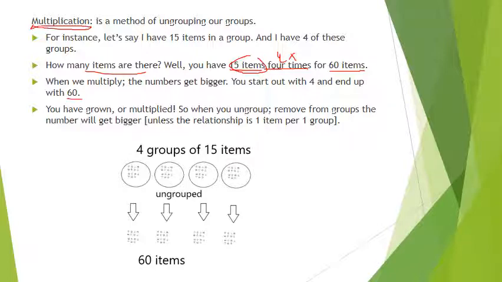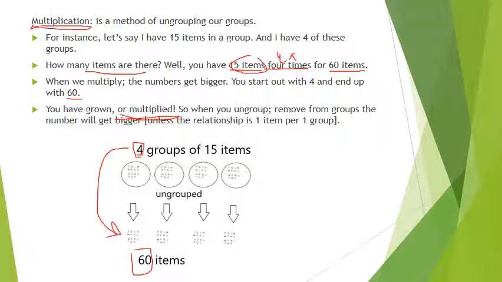Now, what has happened? You have grown your amount, in a sense. You started out with 4, and you ended up with 60, so you have multiplied. Multiply means grow, so your number has grown from 4 to 60.